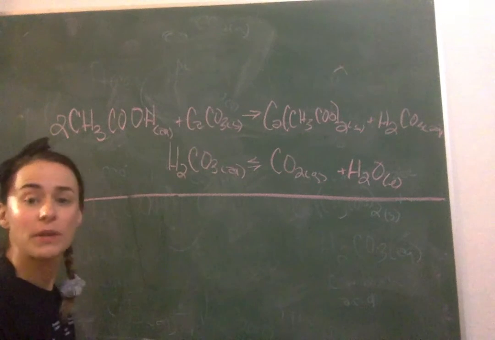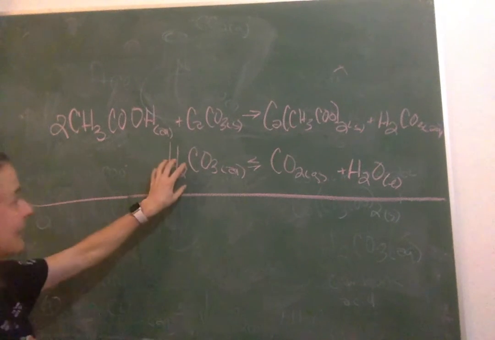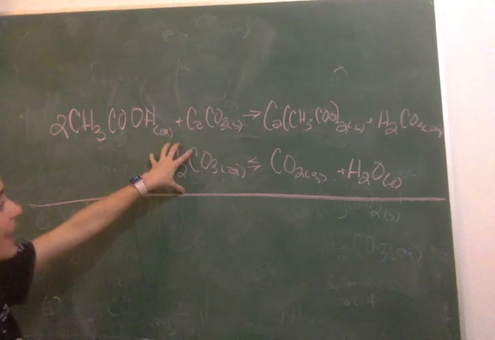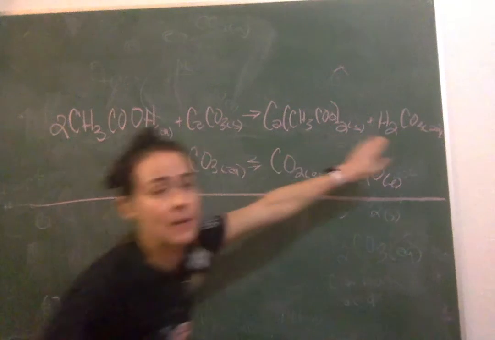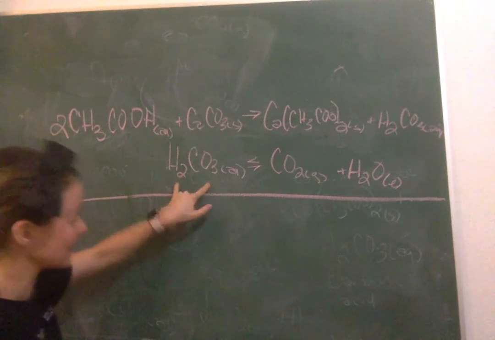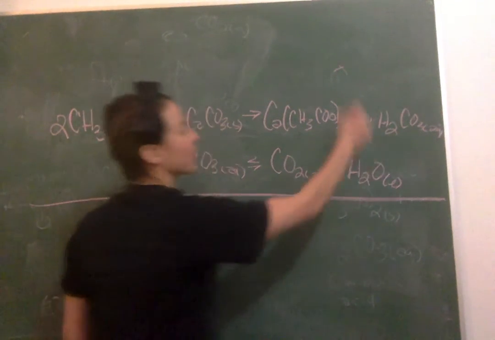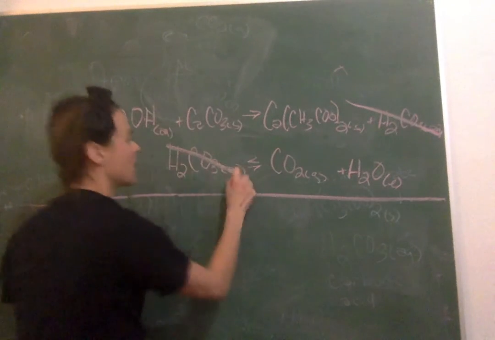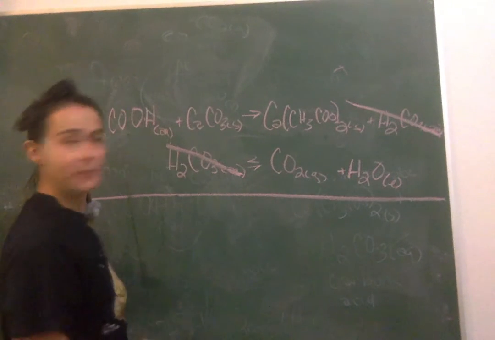Now, a net ionic equation is when you take what goes in and what comes out, so my reactants and my products. Because carbonic acid is a reactant and a product, we cross it out of our formula.